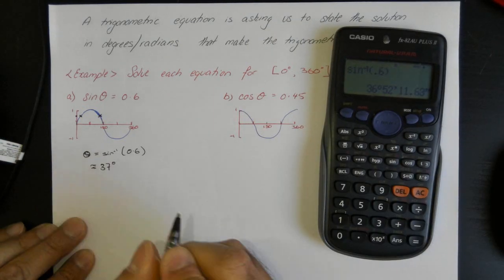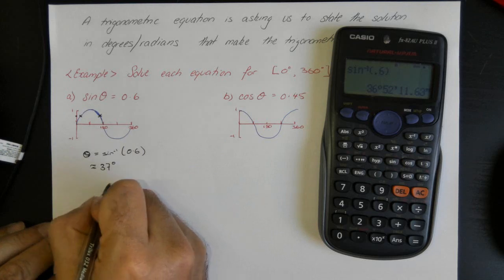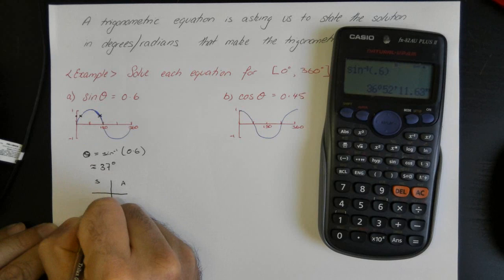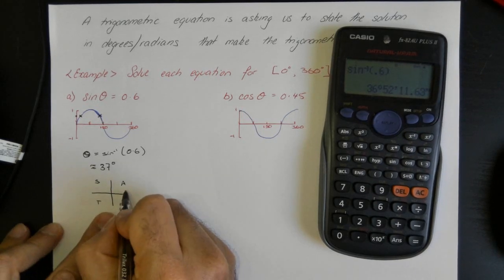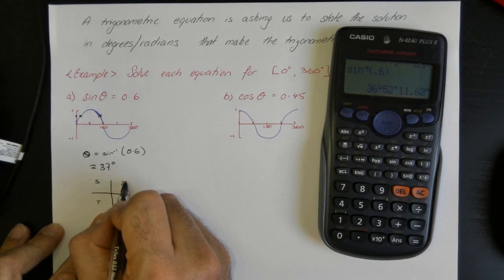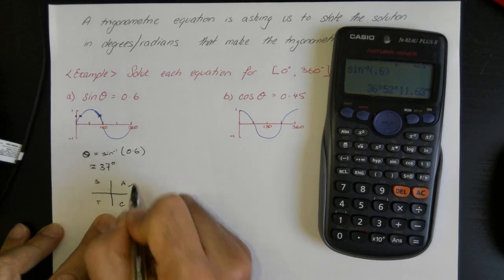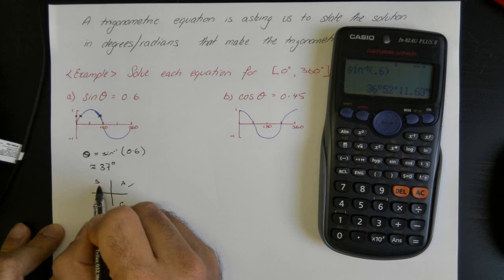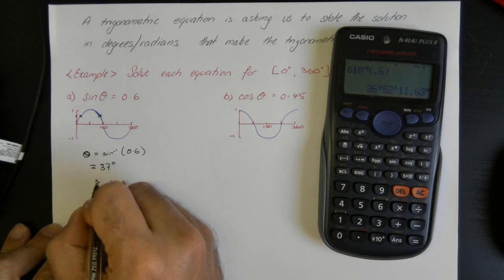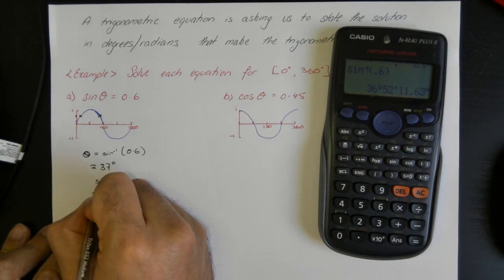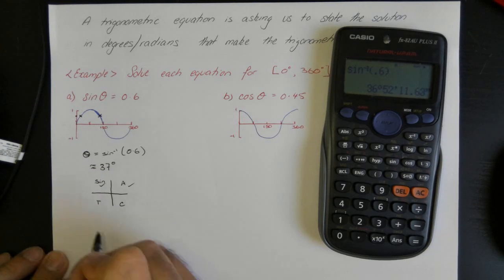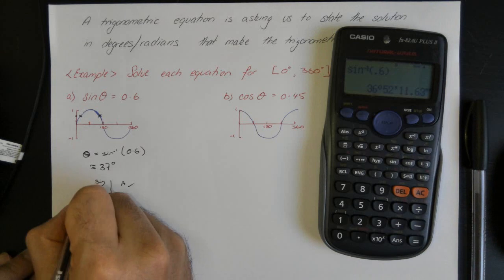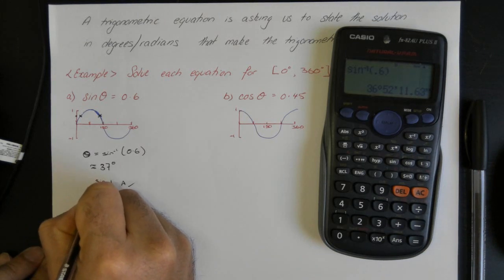Okay. But knowing our quadrants, All Stations to Central, in the first quadrant all trig functions are positive. So we have the 37 degrees, but we need to find the other possible solution. In this case, it's going to be in the second quadrant, because sine is positive in this quadrant. This quadrant is technically 180 degrees minus theta.